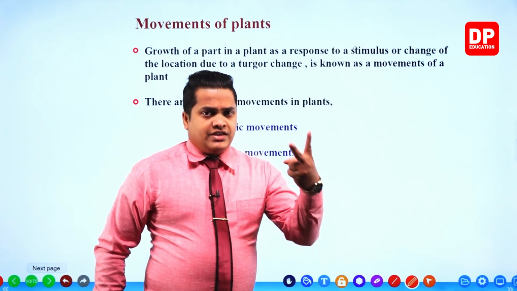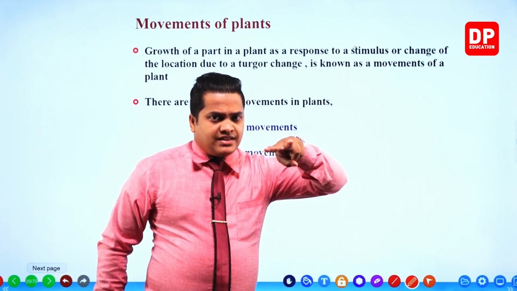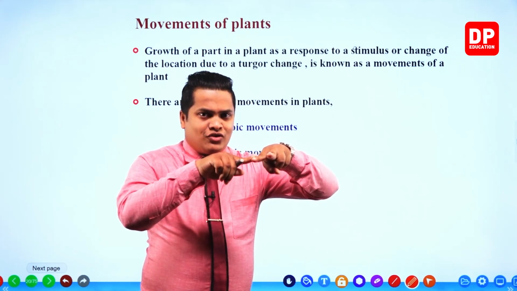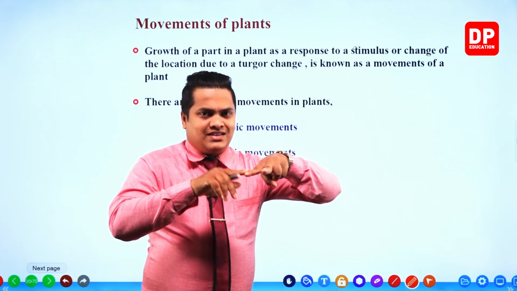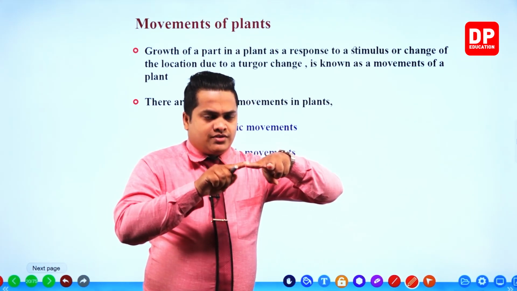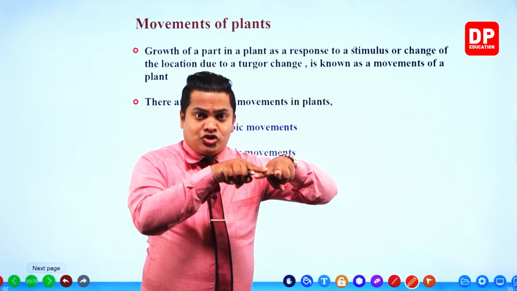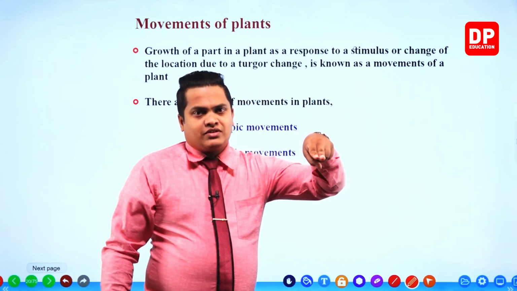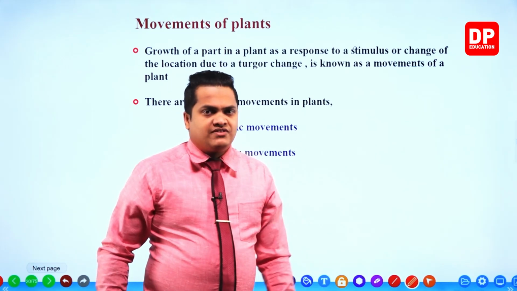If the initial position is like this, now when I touch it, the pressure is getting changed, but the actual correct term is the temperature. So when I touch this, the temperature is going to change. In this way, the position of the two leaves is getting changed.